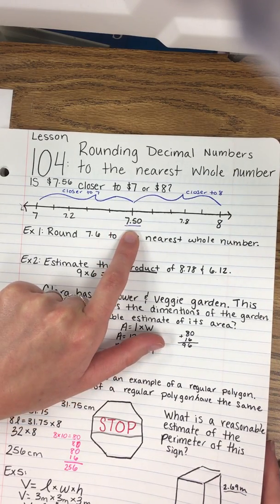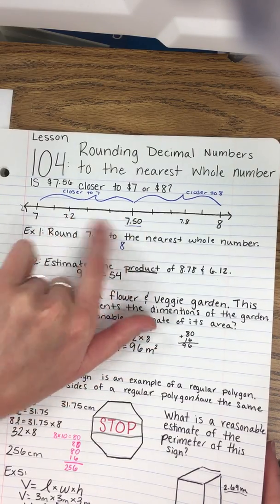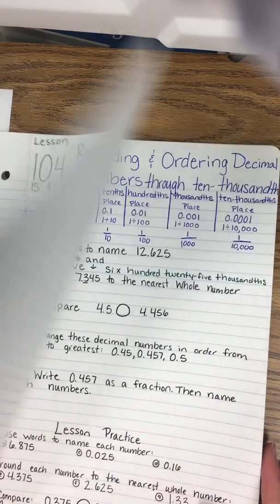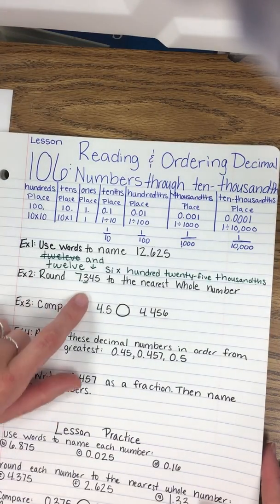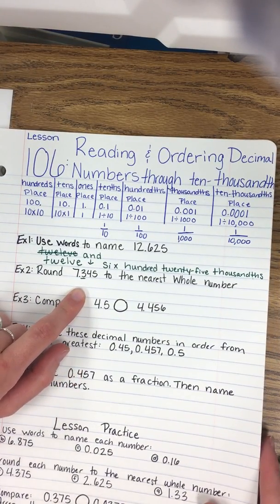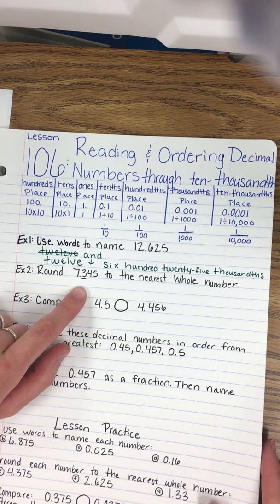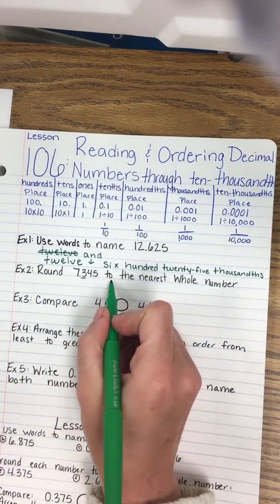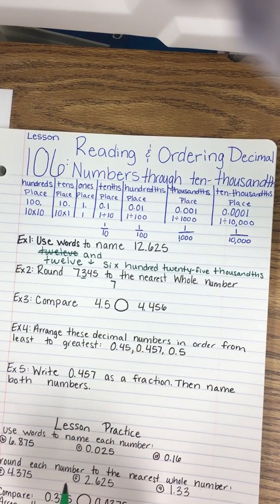So we've got 7 and 345 thousandths. Since that 3 is less than 5, we're going to round it down to 7.